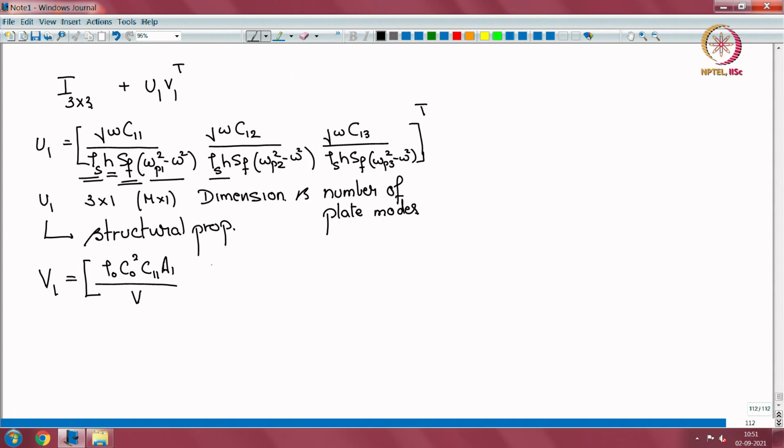Okay, so rho 0 C0 squared C12 A1 by V, rho 0 C0 squared C13 A1 by V, transpose. We will consider this also vertical. So V1 is also 3 cross 1. That means it agrees with U1.